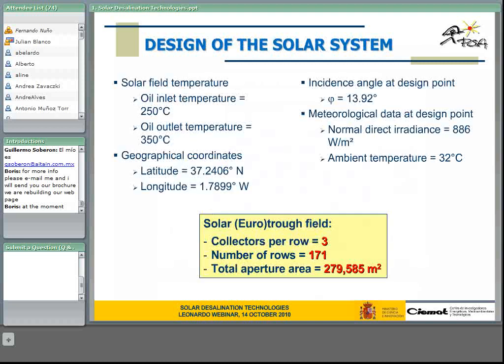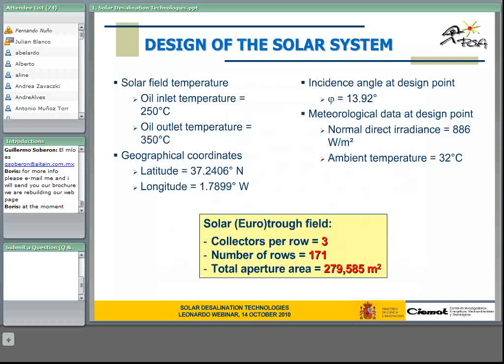So we are going to consider typically a parabolic trough field, the Eurotrough type collector. This collector will work with oil. The inlet oil will be about 250 Celsius. The outlet oil will be about 350. Remember we wanted to produce steam at about 330 Celsius.